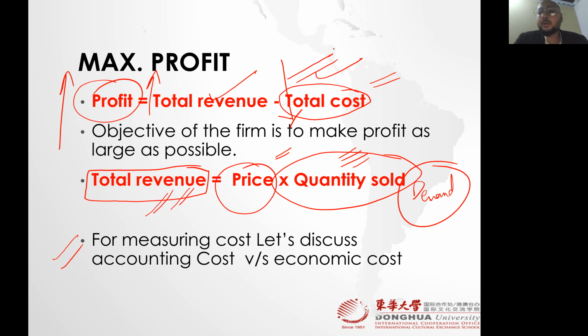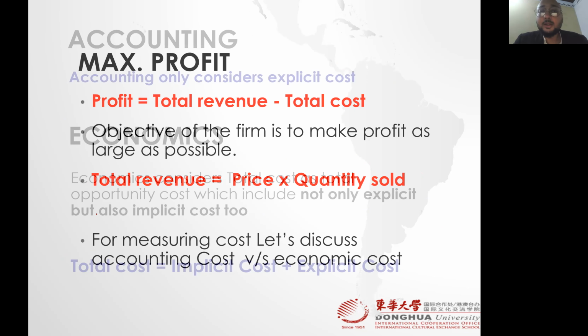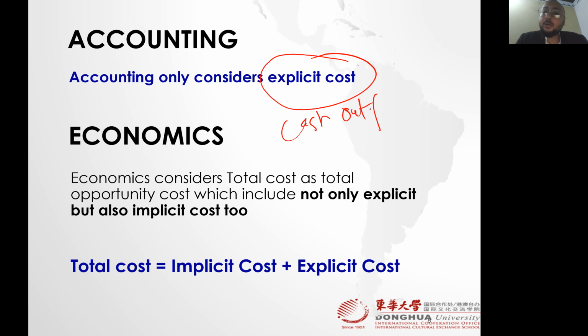We talked about cost from different perspectives, including the decision-making perspective, which includes opportunity cost. Accounting only consists of the explicit cost, which is actual cash outflow, actually going out from the company's bank account.